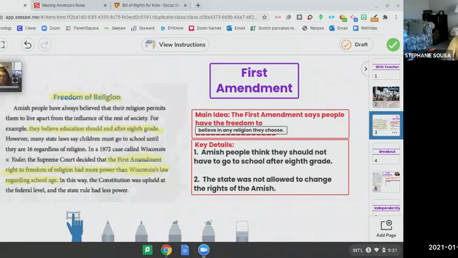Inside of this, you are going to determine what the key details are. The main idea is going to be given to you. You are going to figure out the key details that prove that is what this text is saying. That is what this text is about, okay? So I'm going to get our breakout room set up, and as you finish typing, and then I will send us all together.